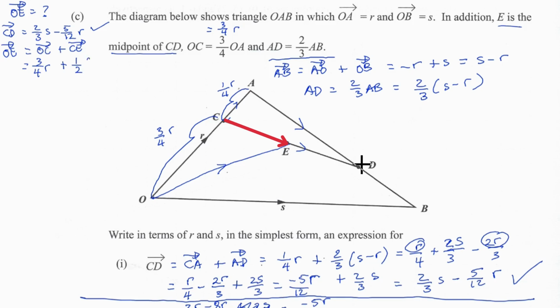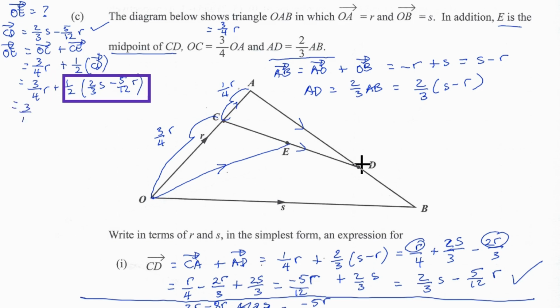So let's write that. CE would be half of CD, right? It would be half of CD. And that is equal to 3/4 R plus half of 2/3 S minus 5/12 R. So let's simplify this.